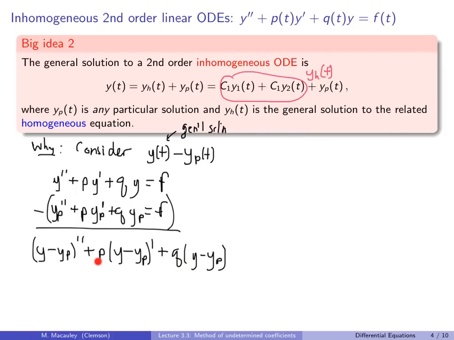And similarly, this is p of t times y of t minus yp of t. This equals f minus f, which is 0. So what that tells us is that y minus yp solves the related homogeneous equation.